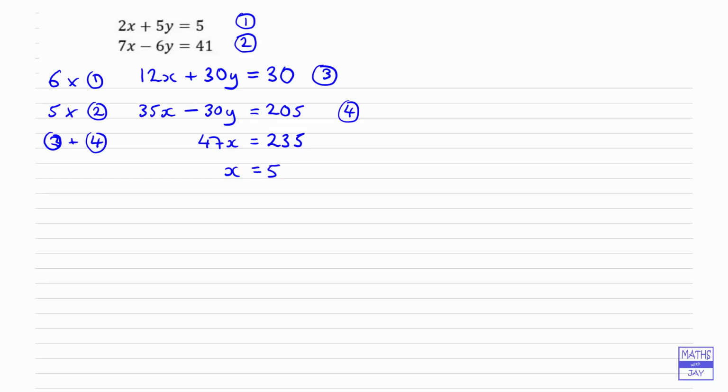Now once we've got one of the solutions, we can simply go back to the original two equations to firstly find y and then to check the values of x and y. So now it's our choice whether to substitute either in equation 1 or equation 2 to find y. So I'm going to choose to substitute in equation 1.